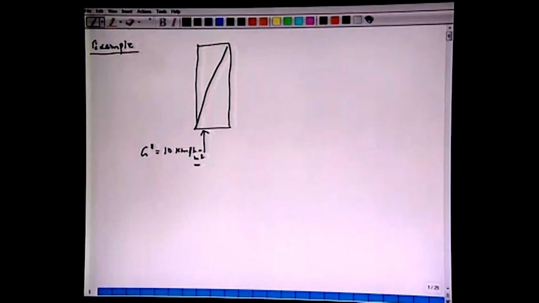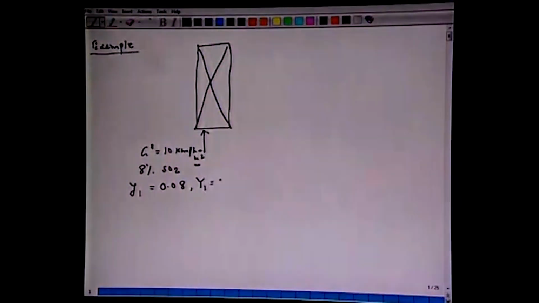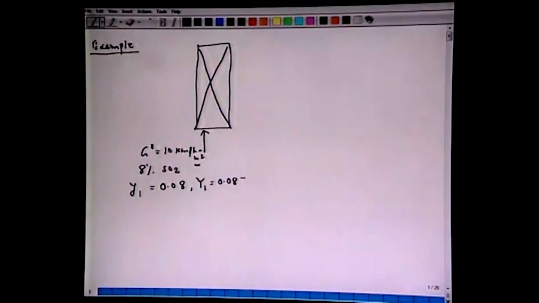So, this is a packed bed absorption column. This gas contains 8% of a certain gas, let us say sulfur dioxide, which means y1 is given as 0.08 mole fraction, and capital Y1 can be calculated to be 0.087, okay, and G prime is the total flow rate, 10 kilomole per hour per meter square.